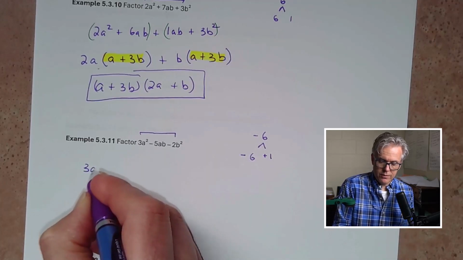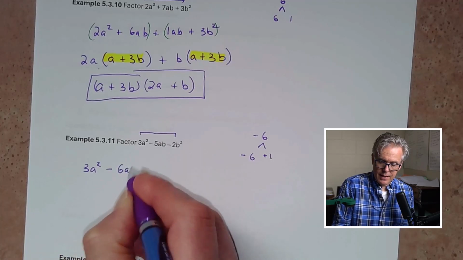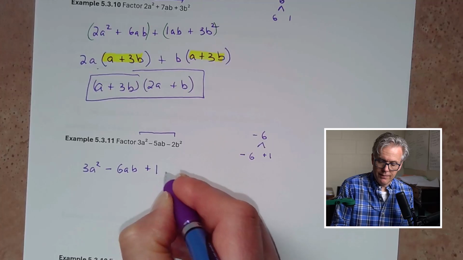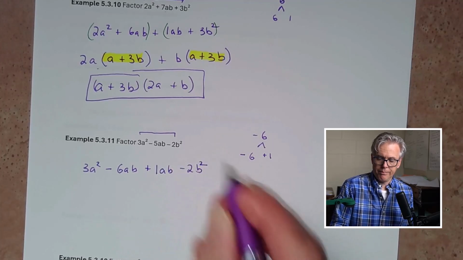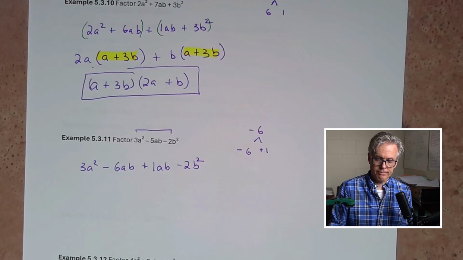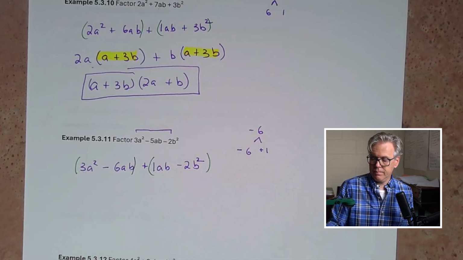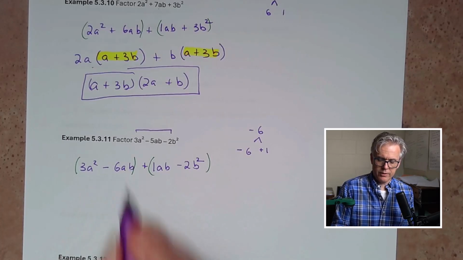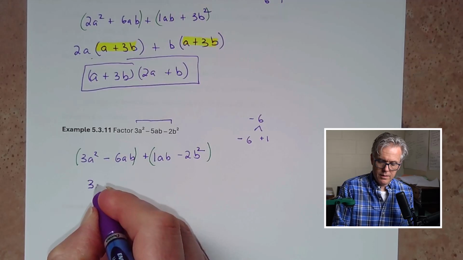We're rewriting this 3a squared minus 6ab plus 1ab, I'll put an emphasis, but put a 1 there, 1ab minus 2b squared. Let's group it up. So let's pull out common factor in that first group is going to be what? 3a.